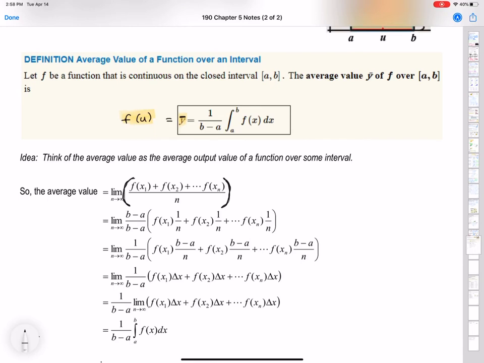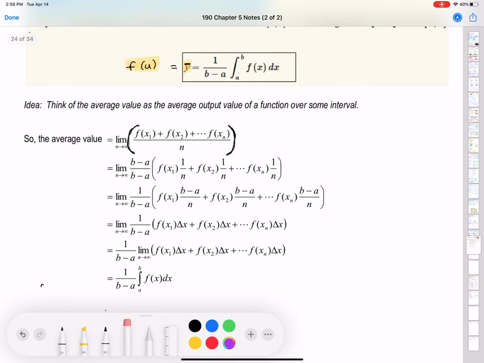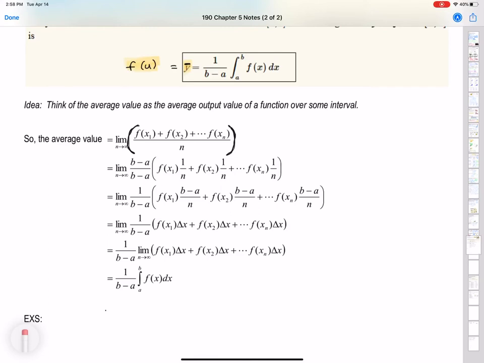Now, what we're going to do is just multiply by a fancy 1. We're going to multiply by b minus a over itself. And then I'm also breaking up the divided by n into little 1 over n's in each term.